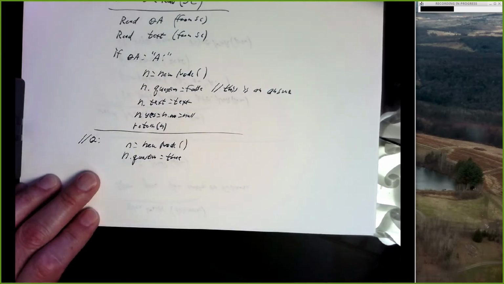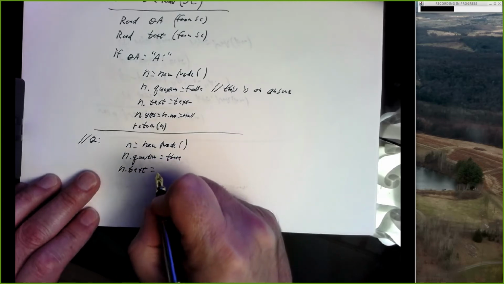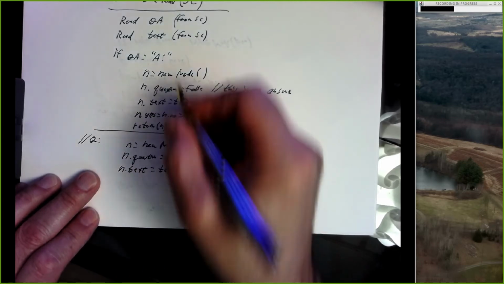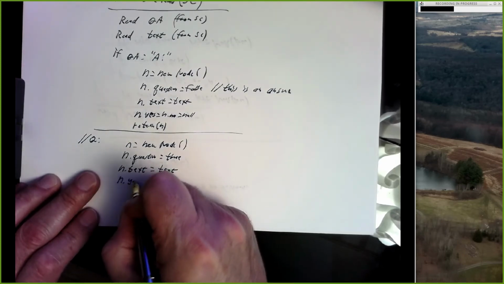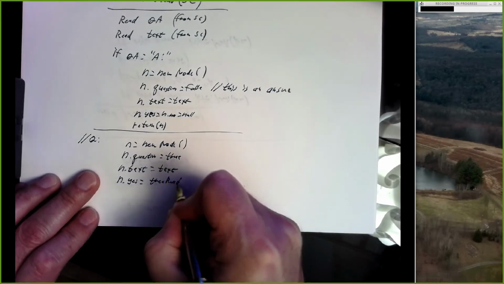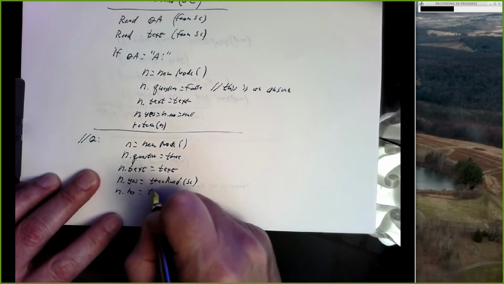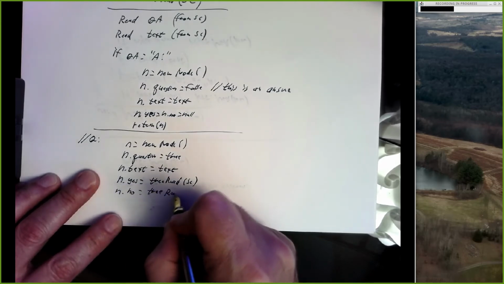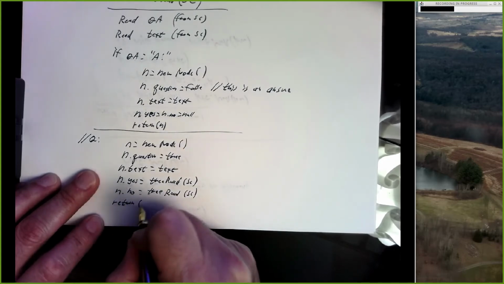This is a question node. n.text is going to be equal to whatever the second line was that you read, the text field. And now we do the recursive part. n.yes equals tree read from the same scanner, and n.no equals a second call to tree read from the same scanner, and then return n.